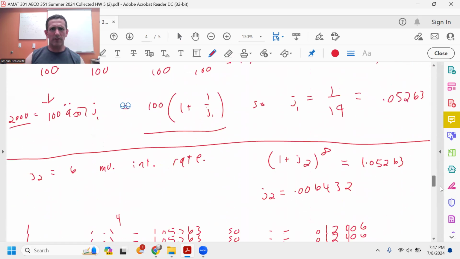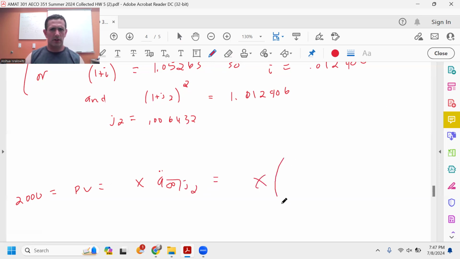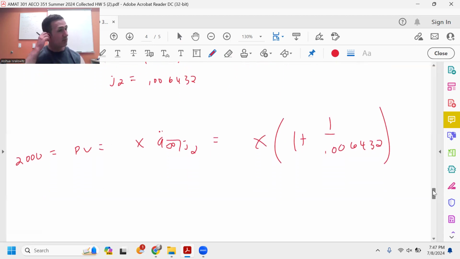They both have a present value of 2,000, so it's X times a-angle-infinity double dot at J2, which is 1 plus 1 over 0.006432.